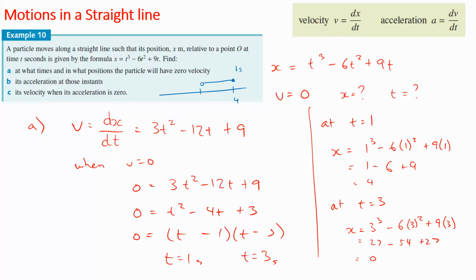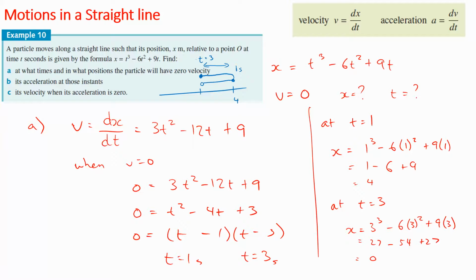Then for the next 2 seconds, where's my position? 0. So that implies that I've come back and I've stopped here. That's 3 seconds in total, so t equals 3 at this point. Now why is that key?